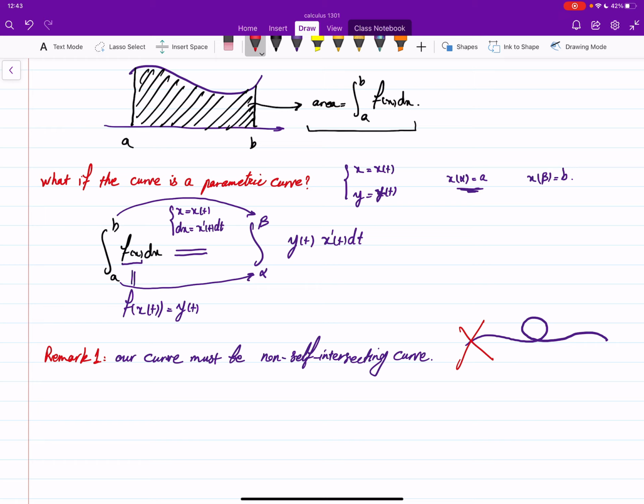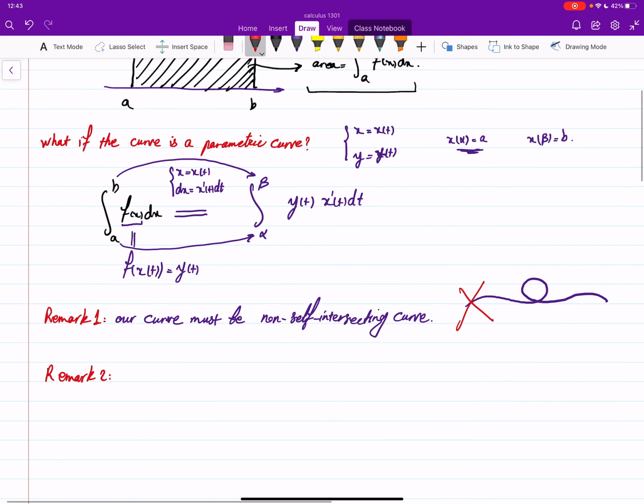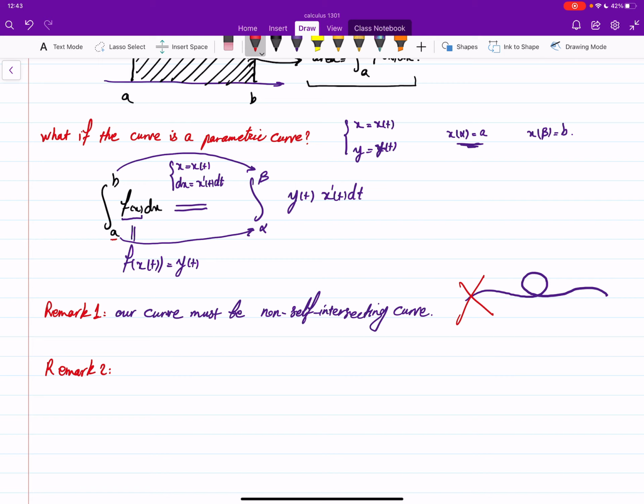And the second thing, remark two, is that we should arrange the limits of the t integral so that when you evaluate x at the lower limit, you get the smaller value, and for the other one, you get the bigger value.